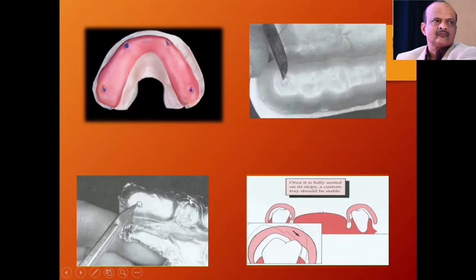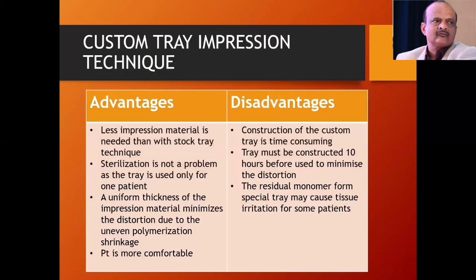Then to prevent contamination, we should adopt a thin custom tray. It has the advantage of less impression material because it has a specific thickness of spacer, and that makes it advantageous because with the optimum required material thickness and lesser quantity, there is lesser polymerization shrinkage.